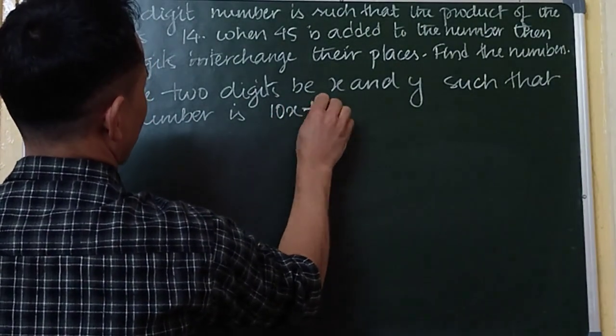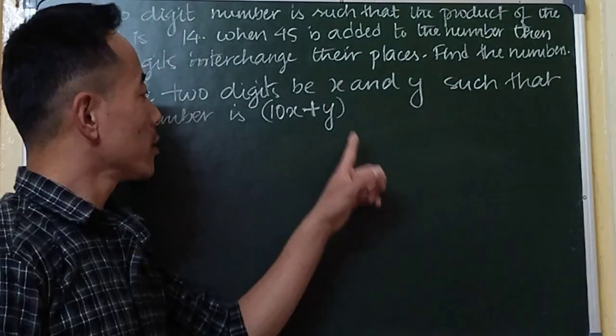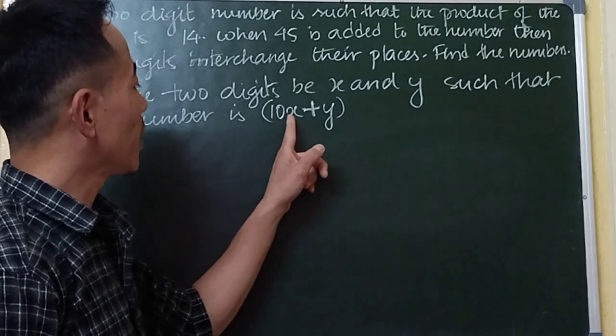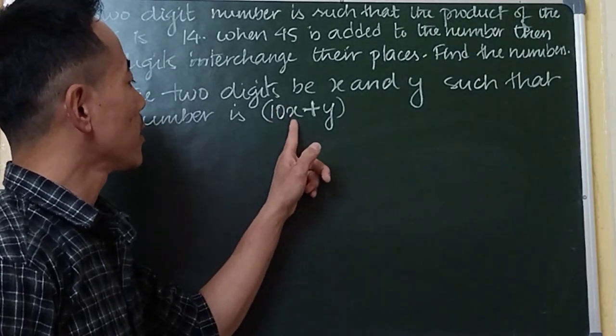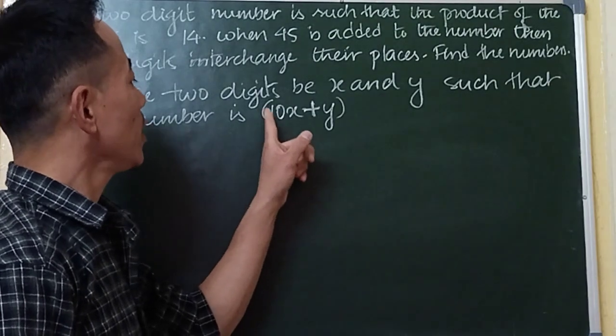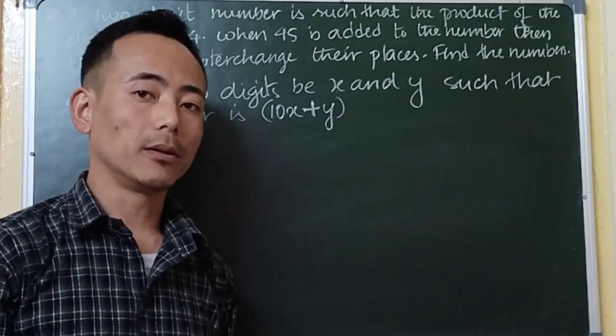So why we are writing 10x plus y is because we have 2 digits, so we have unit place and the 10th place. So on the 10th place we have digit x, so we are writing 10x, and in the unit place we have y. Okay, so we have the number 10x plus y and the 2 digits are x and y here.